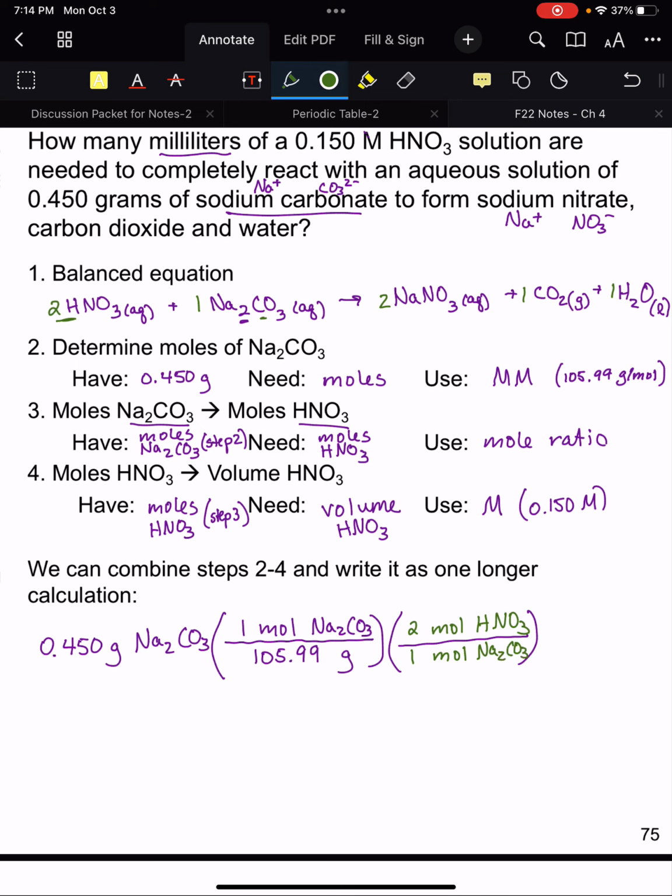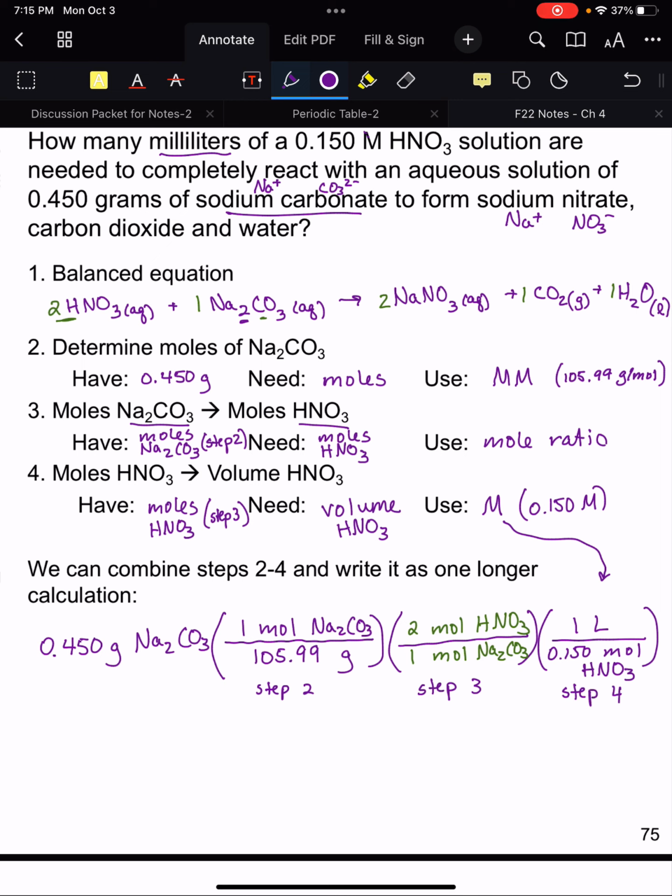And now step 4 is going to be to use the molarity, which is 0.15 molar. But we want to know a volume, so we're going to write 1 liter over 0.15 moles of HNO3.